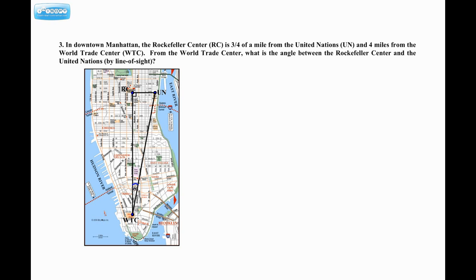That's the angle that we want to determine. So I'm going to draw just the triangle that I'm working with. There we go. That's 90 degrees. Okay. So we know that the Rockefeller Center is here, the United Nations is here, and we were told that that is 3/4 of a mile.